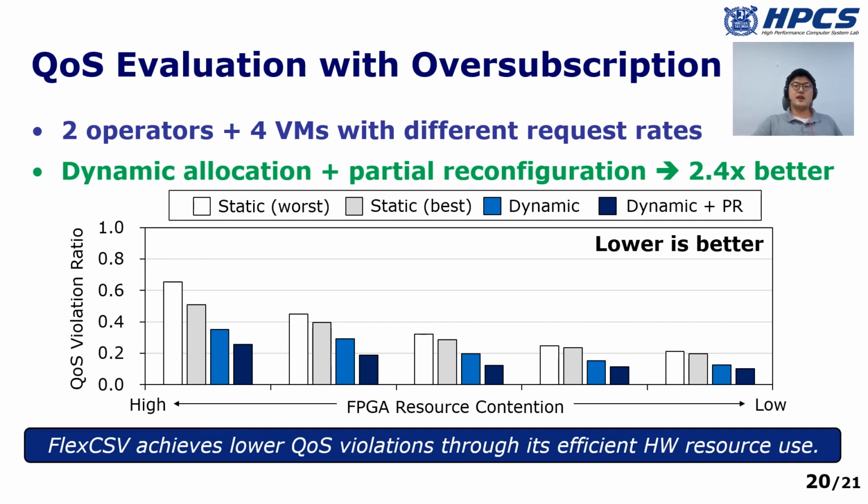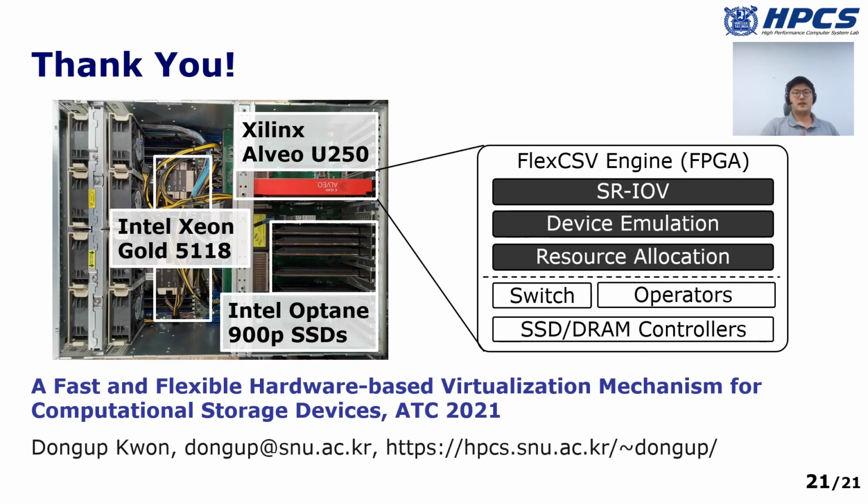The graph shows the QoS violation ratios with various FPGA resource contention degrees. FlexCSV dynamic resource allocation significantly reduces the QoS violation, and its partial reconfiguration support further reduces the violation ratios in every case.